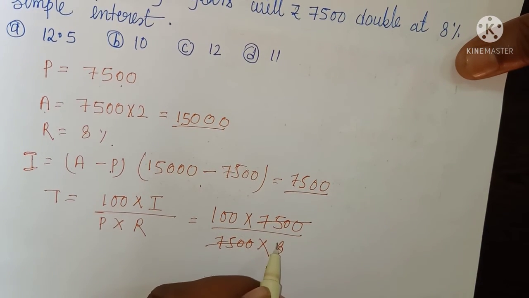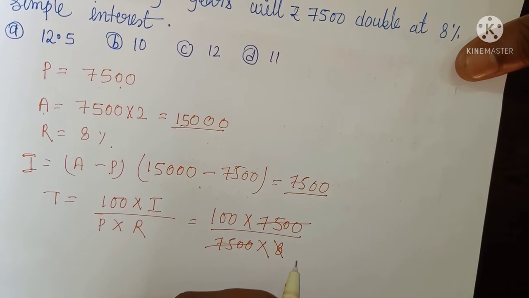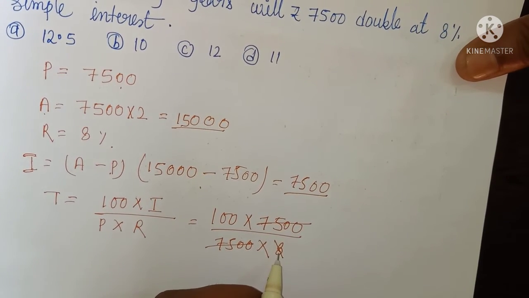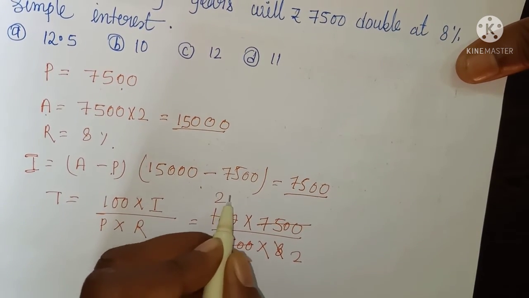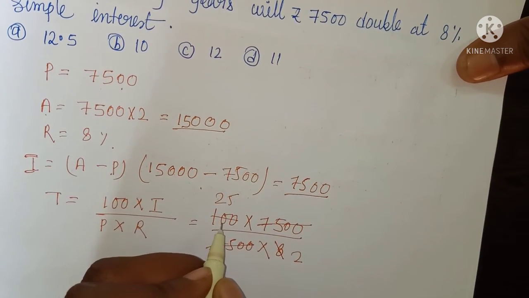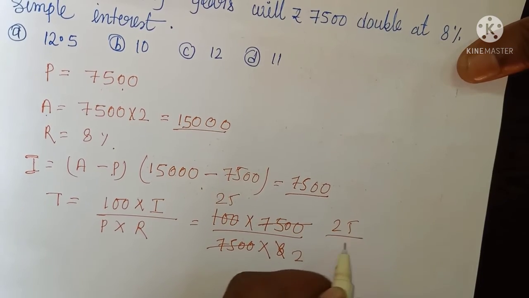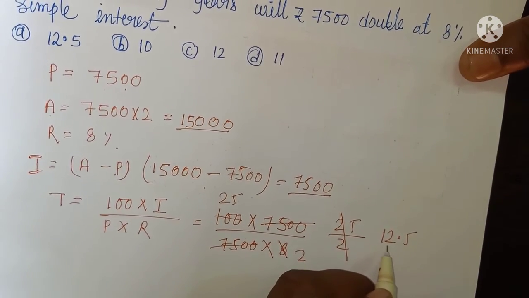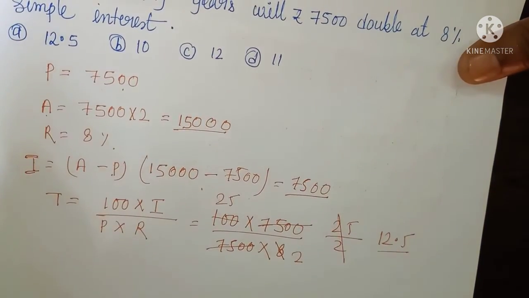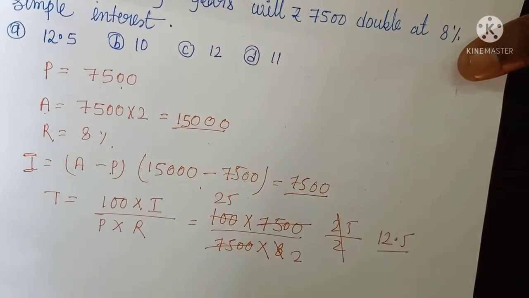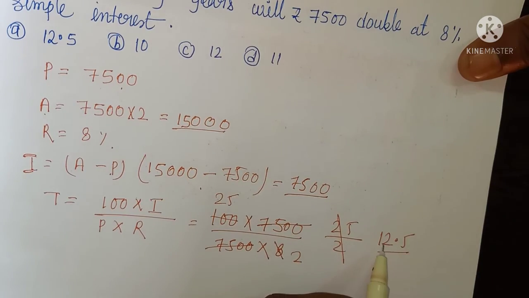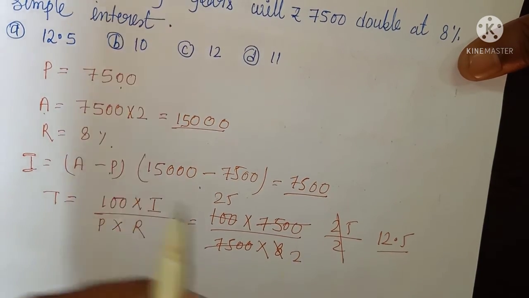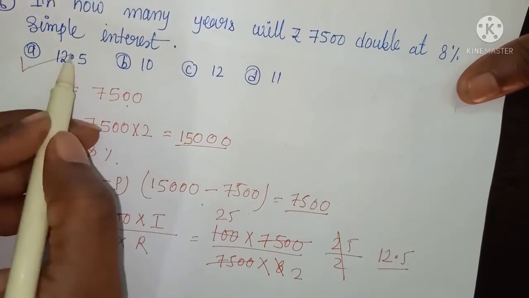Now if I divide by 2, 4 twos are 8 and 4 twenty-fives are 100. Then 25 by 2, if I divide, I will get 12.5. Now the answer becomes 12.5 years. Then option A is correct.